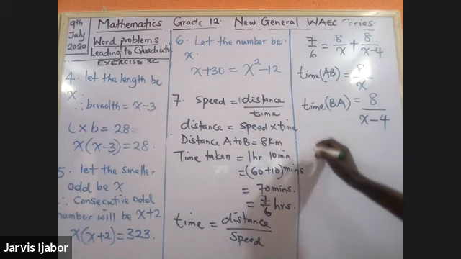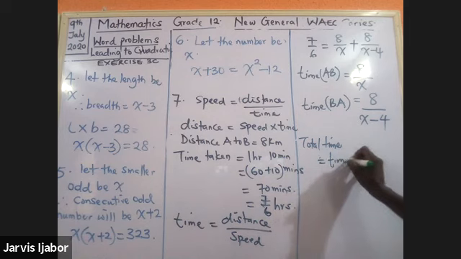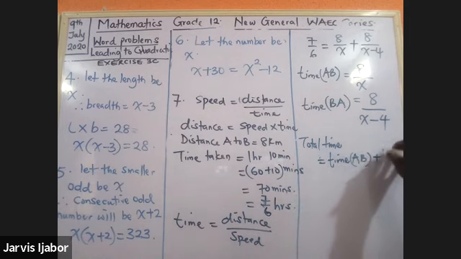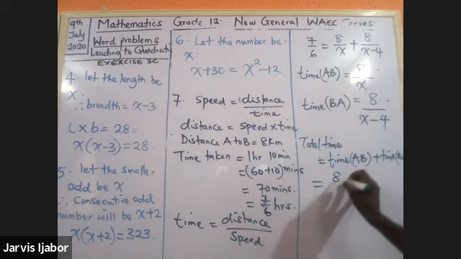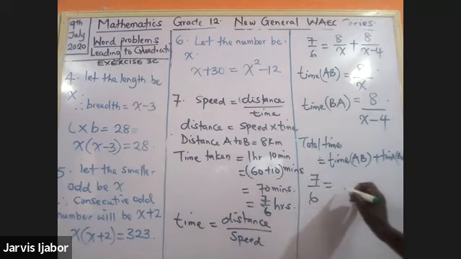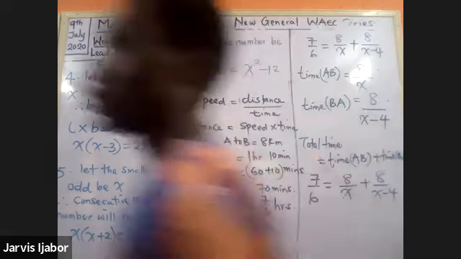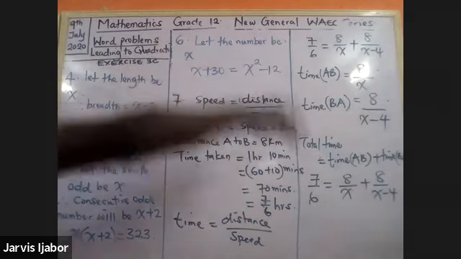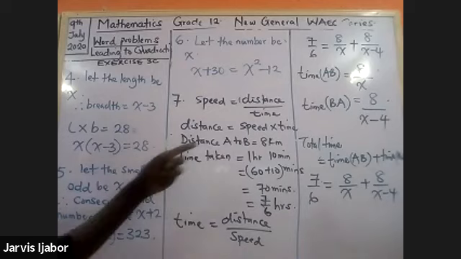So the total time will be equal to time AB plus time BA. That's how I got 7 over 6 equal to 8 over x plus 8 over x minus 4. So you have to solve now, simplify it and finish it up. That's for question 7. I've generated the equation for you, so you have to solve and finish it up.